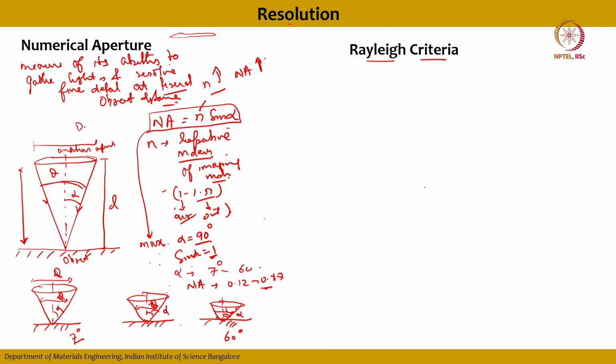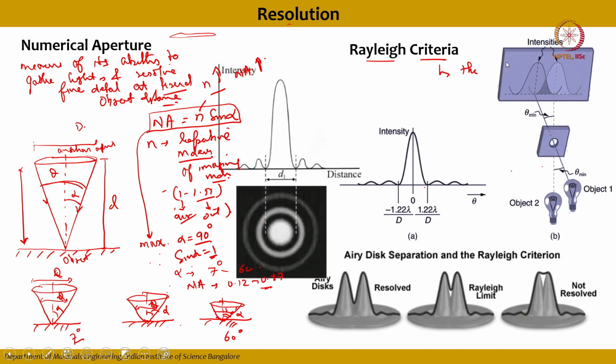Rayleigh's criteria is nothing but the closest spacing between two points which can be clearly seen through the microscope as separate entities.